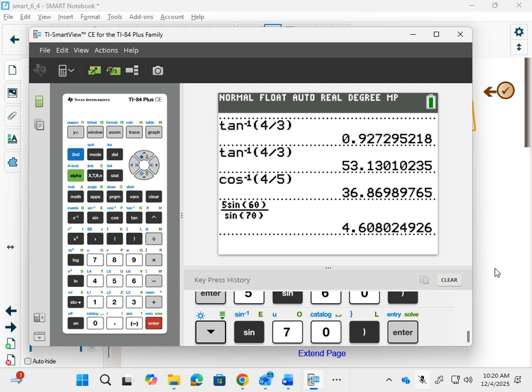Very cool. Very powerful. And in fact, here is the complete sine law for you.